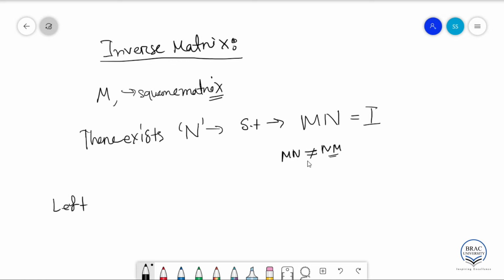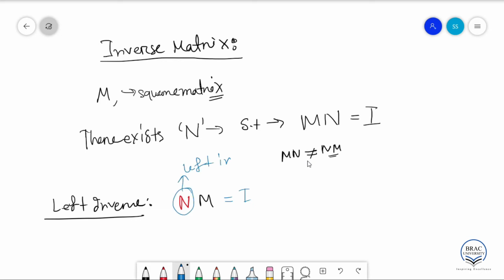Left inverse: our matrix is M, and if we have some matrix N such that multiplying it from the left to M gives us the identity matrix, this N is called the left inverse of M.